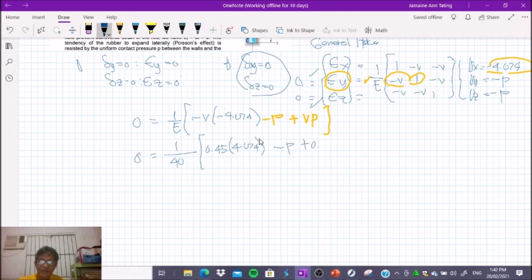plus 0.45 P. Okay. So, kumbaga, itong 40, i-multiply natin doon, magiging 0 na. Wala na. Sa lalabas, we have 0.45. Transfer na lang natin dito. We have P minus 0.45 of P will be equal to 0.45 times 4.074.